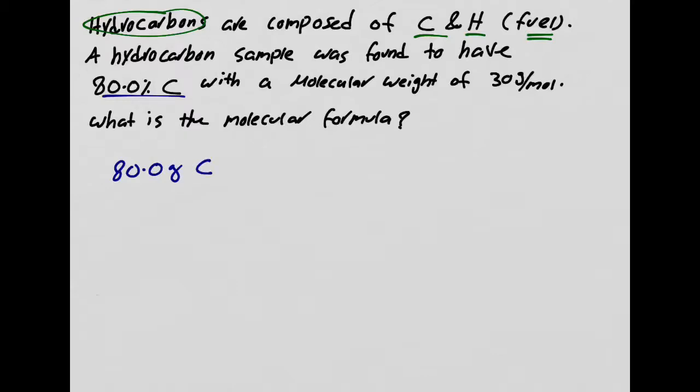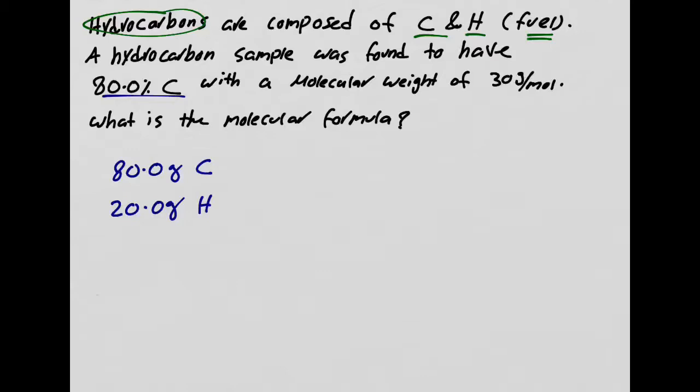Okay. Now, this one is a little bit tricky. It says hydrocarbons are made of carbon and hydrogen, which means if 80% is carbon, how much of it is hydrogen? Which means 20% is hydrogen. So I have 20.0 grams of hydrogen. You're good so far? Okay. Now, percentage to gram.